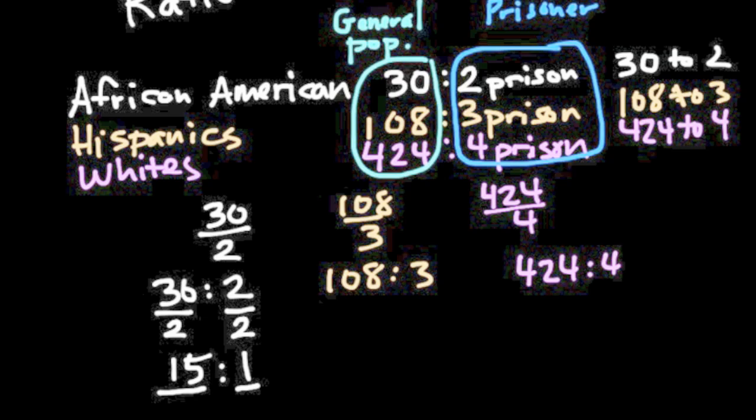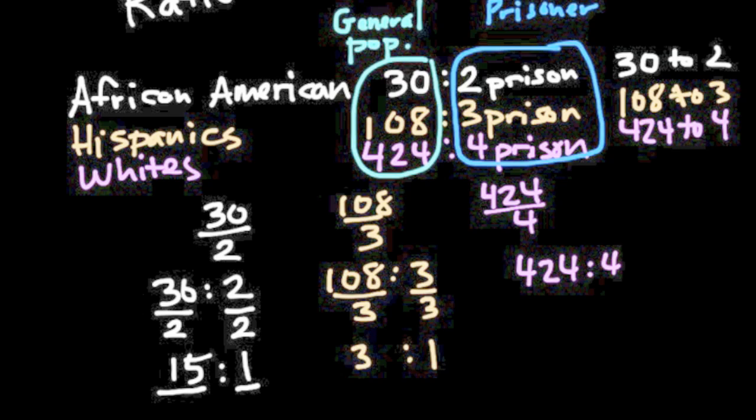And then if you look at Hispanics, if we reduce that, 3 divided by 3 is 1, and 108 divided by 3 is 36. So for every 36 Hispanic males, 1 is in prison, according to the statistics.